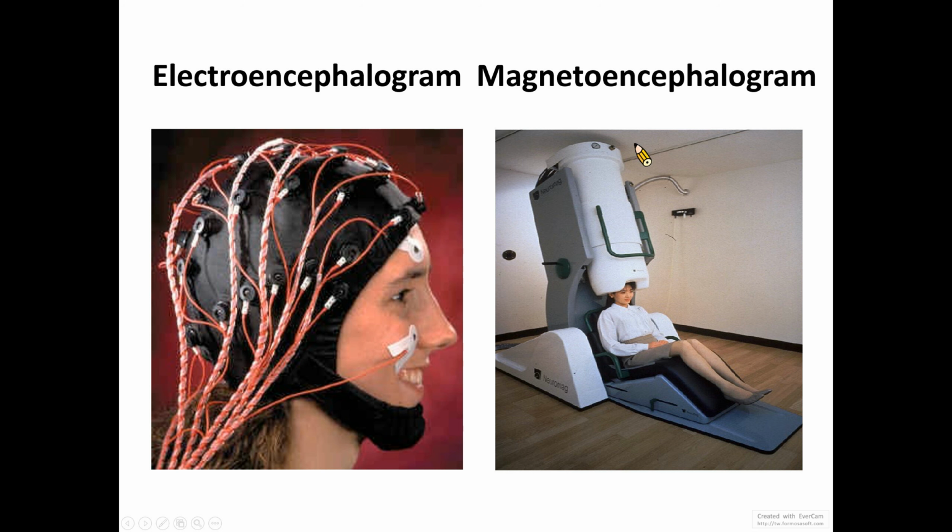MEG has higher spatial resolution and also very good time resolution compared to the EEG. However, the EEG is still quite convenient in clinical practice and relatively cheap, whereas the MEG is still very expensive.